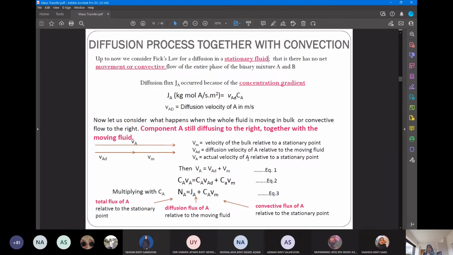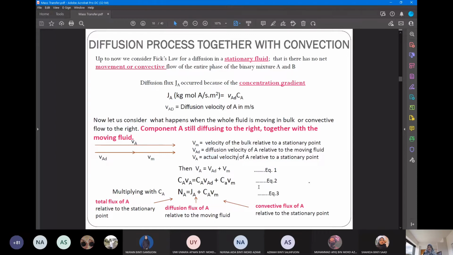All right. So when you talk about bulk, you have a bulk of A. And then it is relative diffusion. So we are talking about diffusion velocity, we are talking about velocity of the bulk, we are talking about actual velocity.